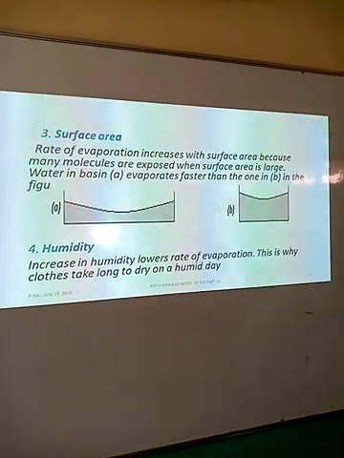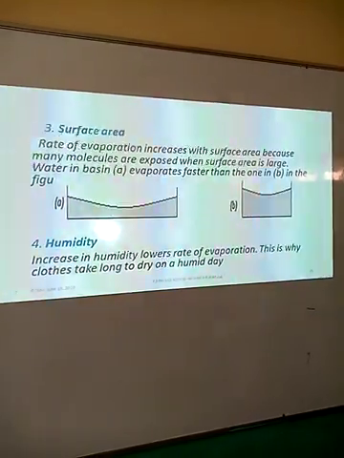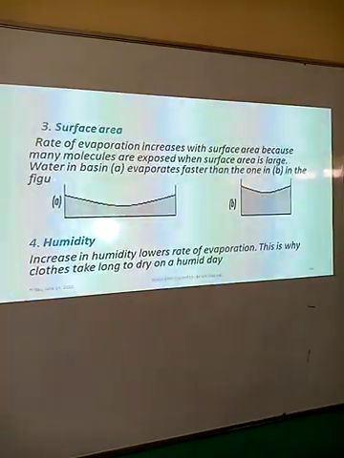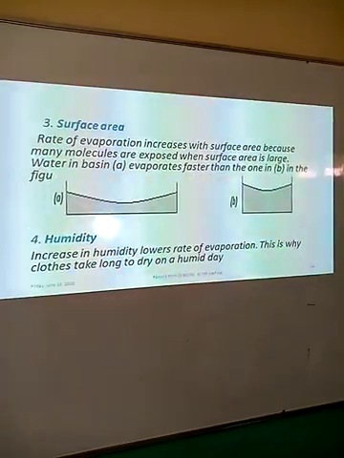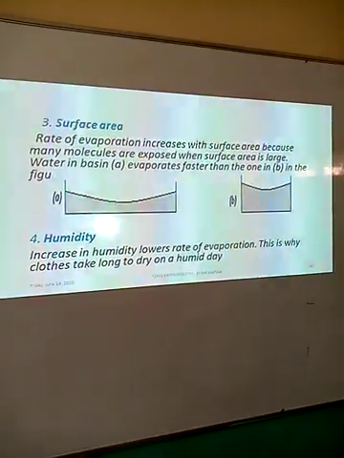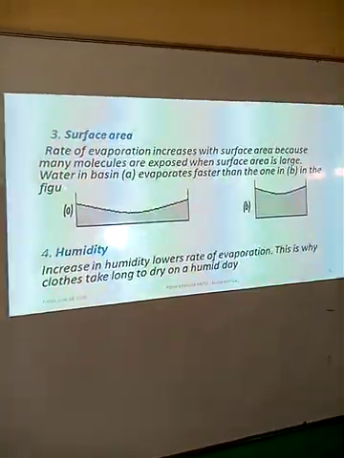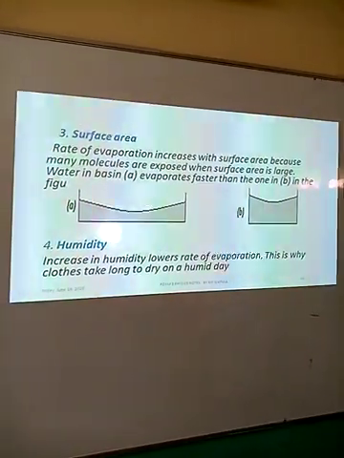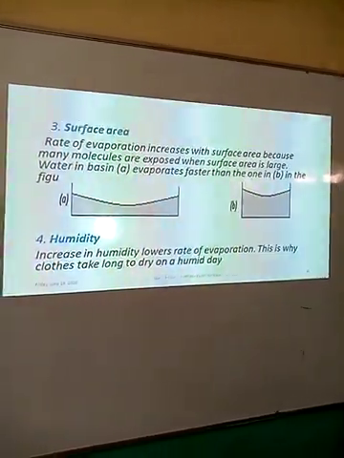Surface area. The surface area exposed for evaporation will affect evaporation, and evaporation tends to be higher when the surface area is large. Like in this case, we have two basins. One has a larger surface area and another one has a smaller surface area.